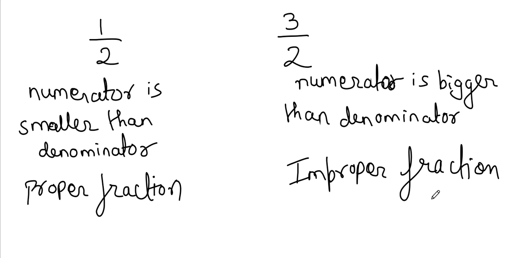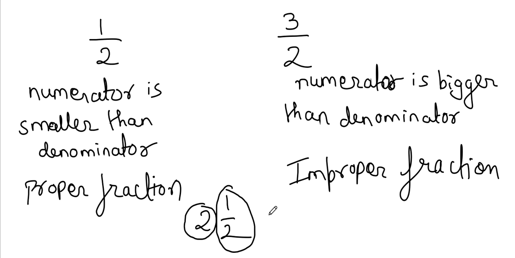Now, identifying different types of fractions is very important, because there are different ways. You have another called mixed numbers. Now when I say mixed numbers or mixed fraction, for example 2, 1 upon 2. When I say 2, 1 upon 2, the 2 is the whole number and 1 upon 2 is always the proper fraction. That is what we call a mixed fraction.